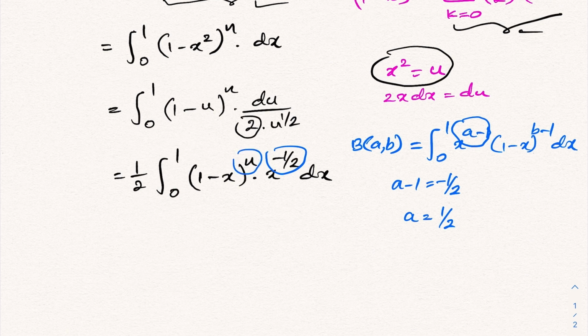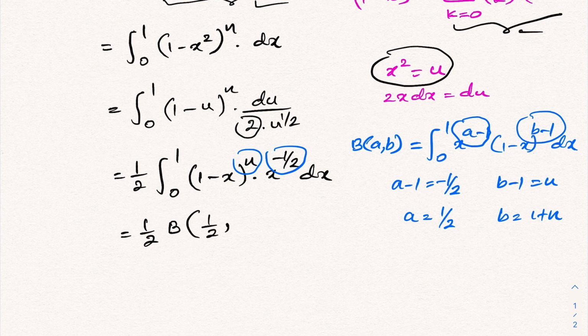Then here b - 1 is equal to n, and b is equal to 1 + n. Therefore, we can write our integral is equal to 1/2 times Beta(1/2, 1 + n).